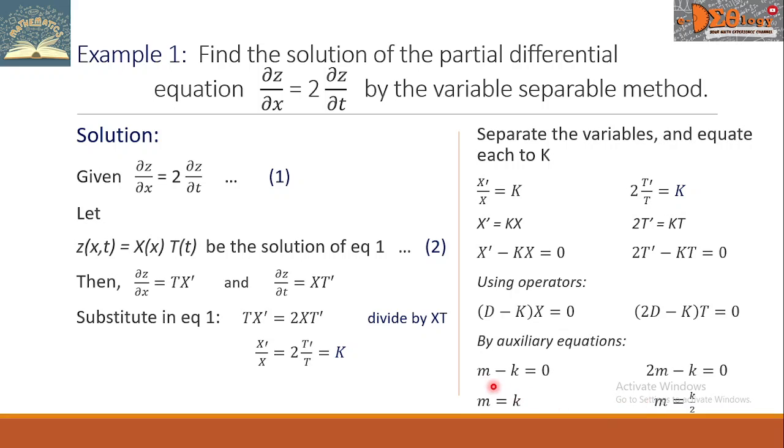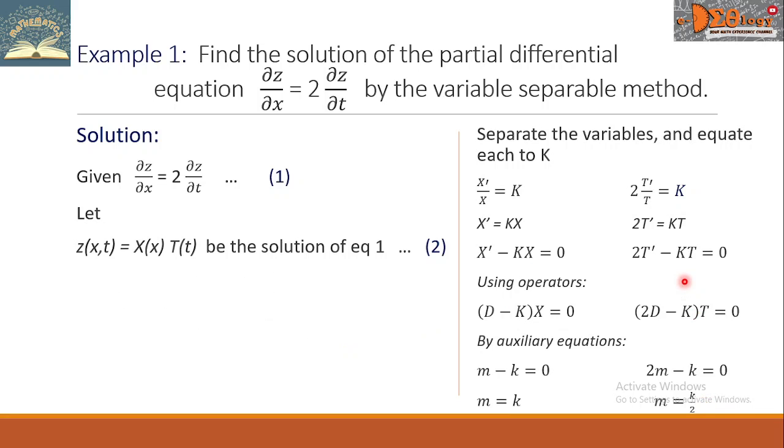Take note that the m value here, that is k, is for the x variable, while the m value here, that is k over 2, is for the t variable. That means the formula will be like this: capital X equals c sub 1 times e raised to kx. For the second value of m, we have capital T equals c sub 2 times e raised to k over 2 times t.